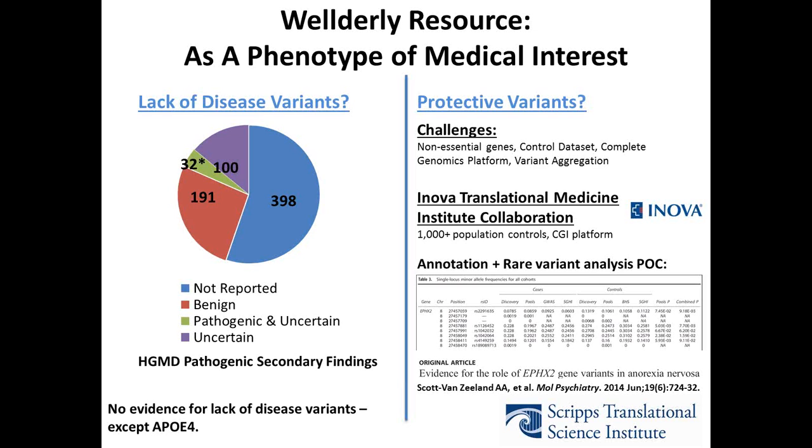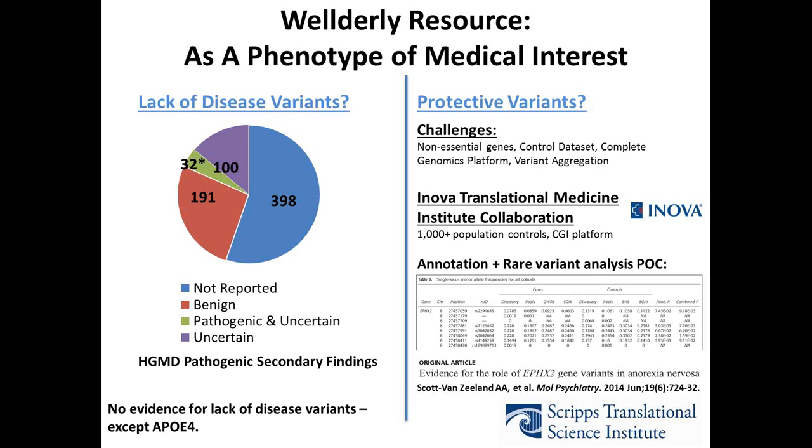So when you use that number as the number of pathogenic variants in the Wellderly cohort, that comes out to about 5% of the individuals having a pathogenic variant in one of these genes that's deemed reportable by the American College of Medical Genetics for incidental findings.